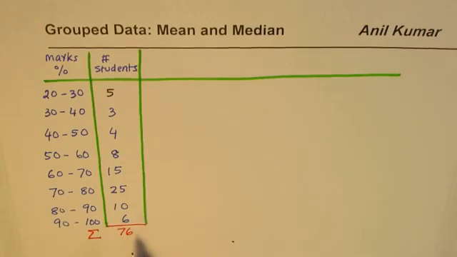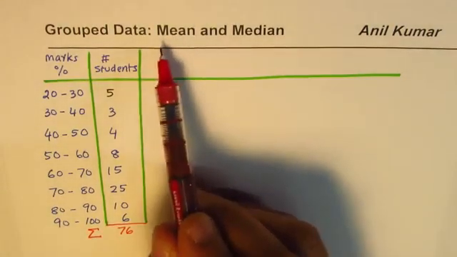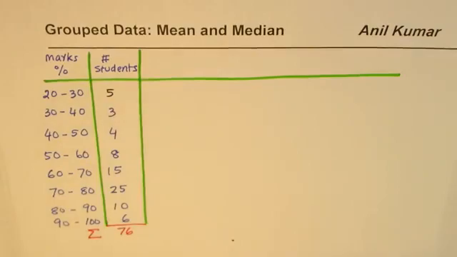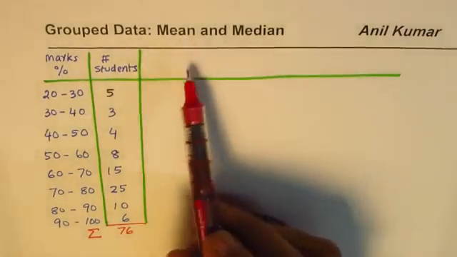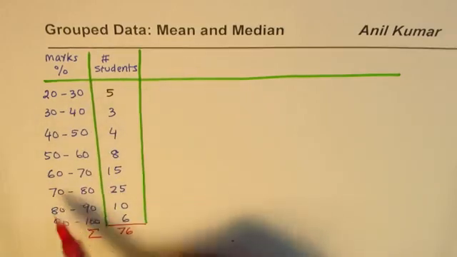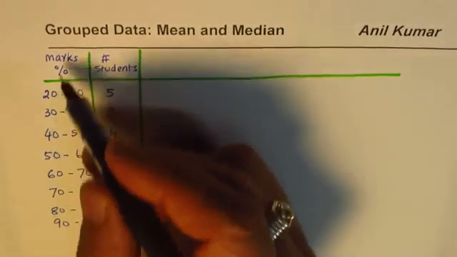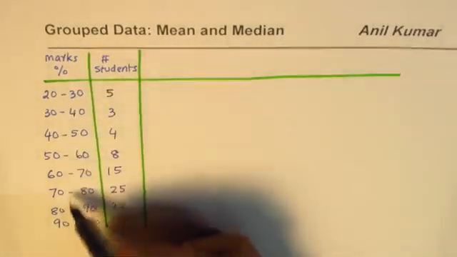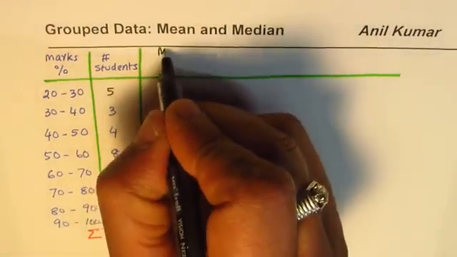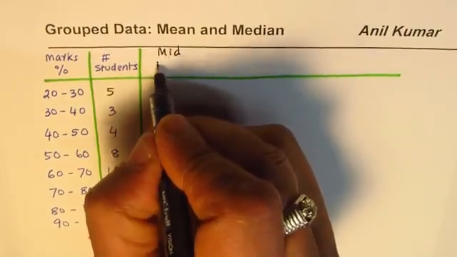Now the question is, how to find mean and median of such grouped data? As you know, mean is the average value. To find mean, we have to find the mid value of the given intervals.